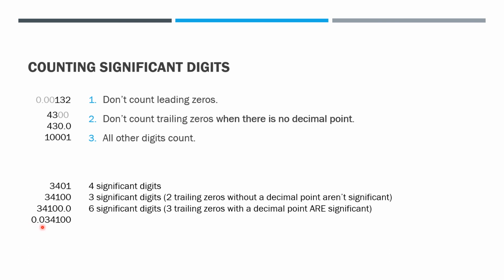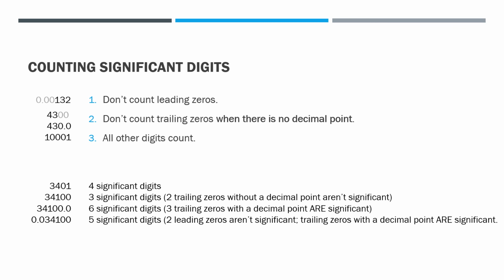There's 2 leading zeros, so they're not significant. There's 2 trailing zeros, but I see a decimal point over here. When there's a decimal point anywhere in the number, trailing zeros are going to be significant. So these 2 aren't, but the rest of them are. 1, 2, 3, 4, 5 significant digits in that one.